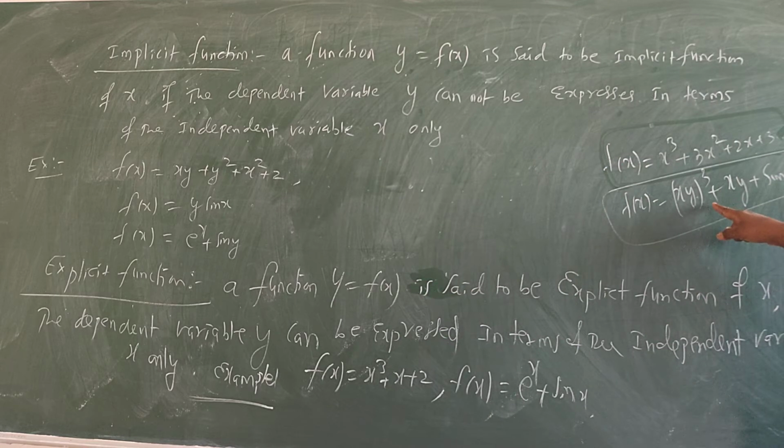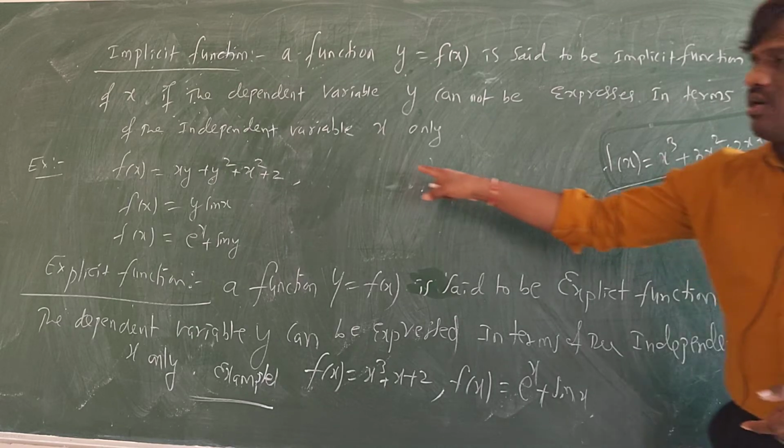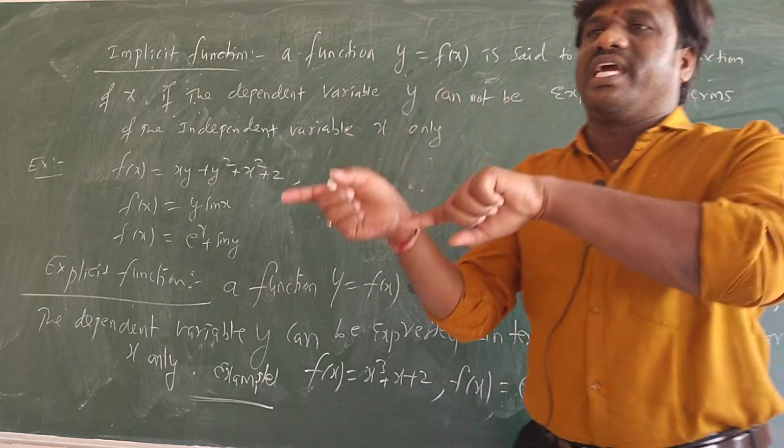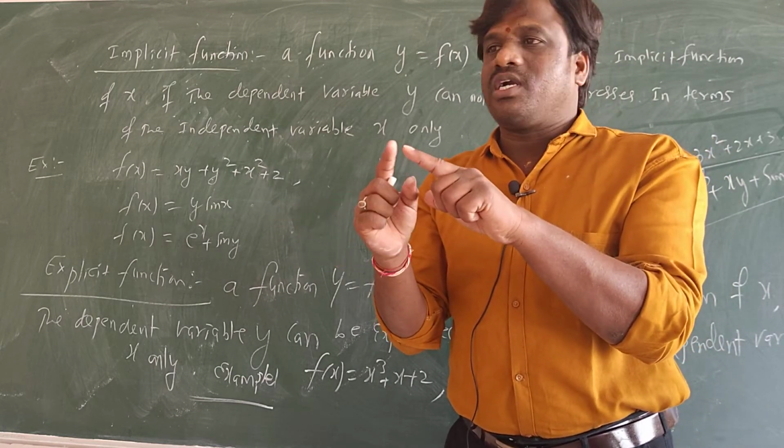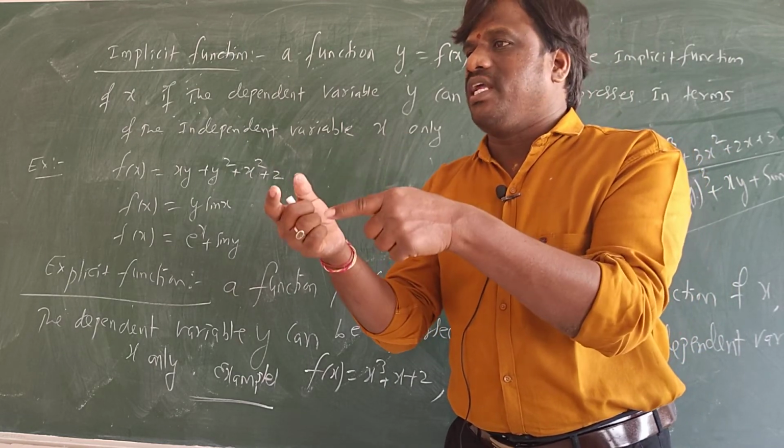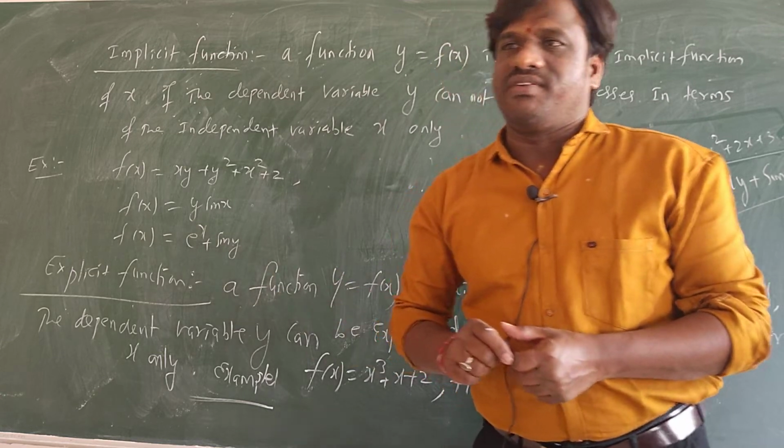If I am not able to write y is equal to only x, that is called an implicit function.